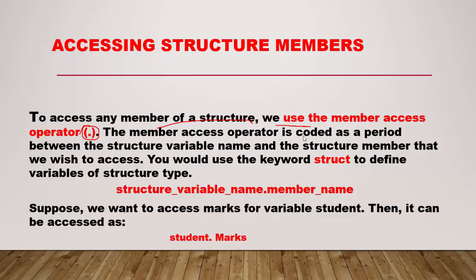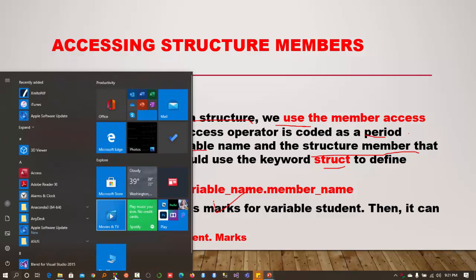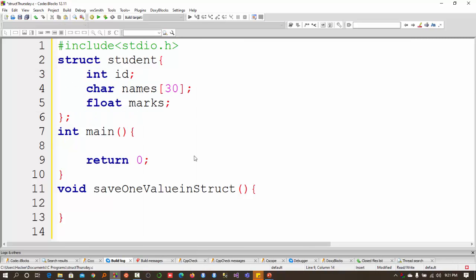The member access operator is coded as a period between the structure variable name and the structure member. And if you wish to access that member, you would use the keyword struct to define the variable of the structure type. So we are going to talk about how we do this.